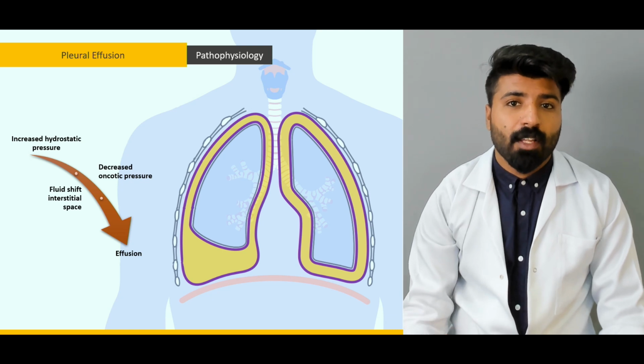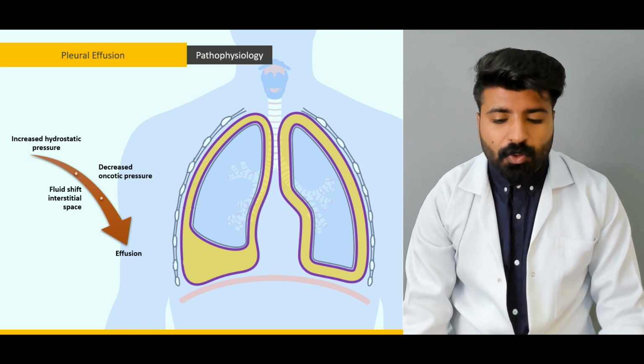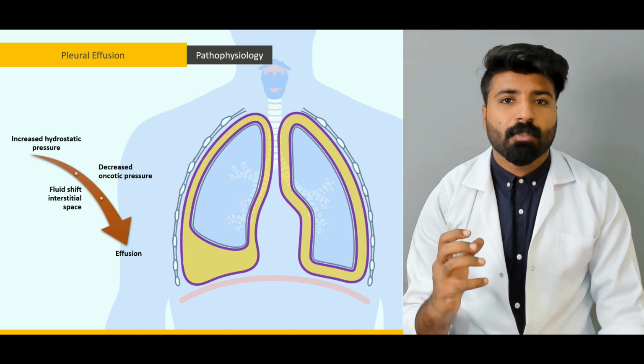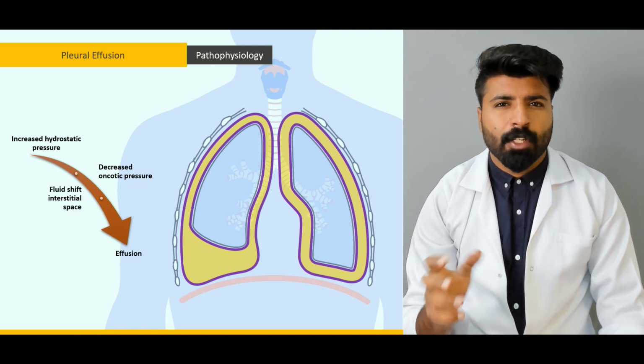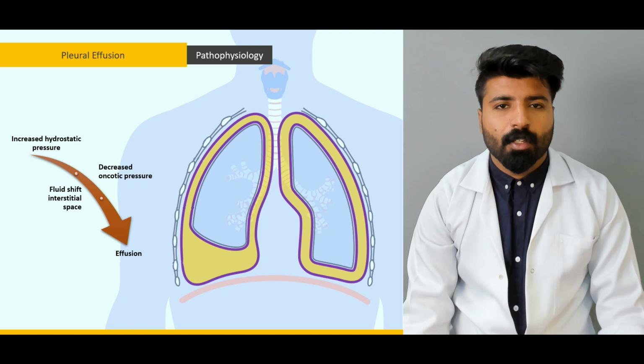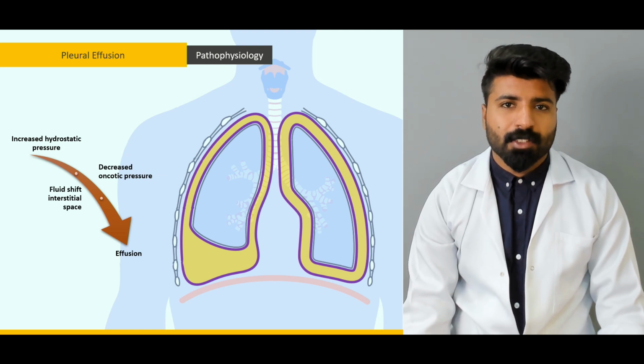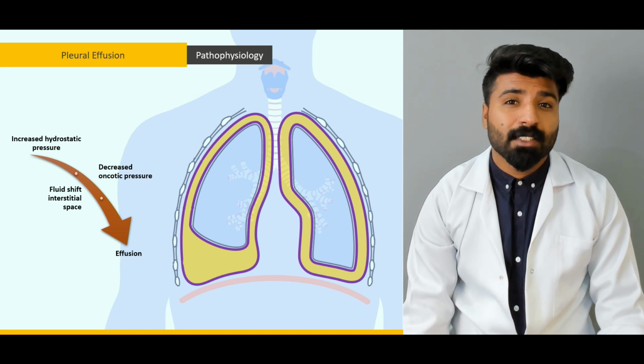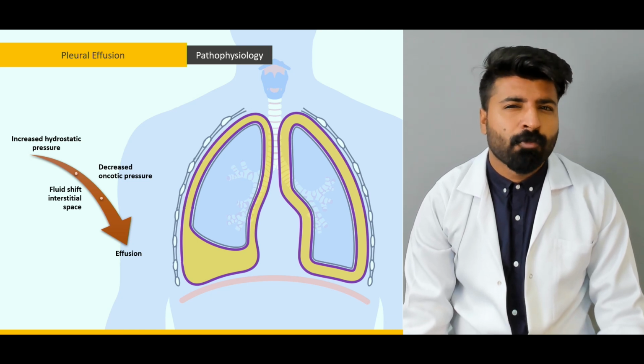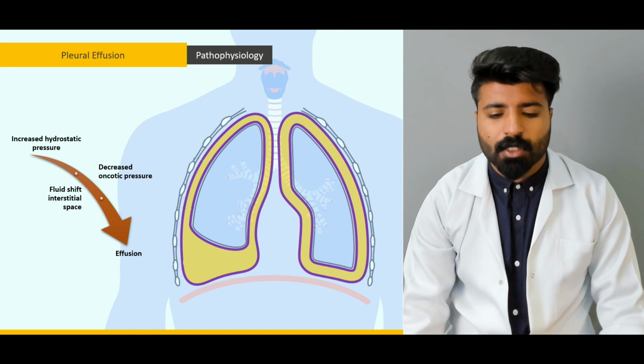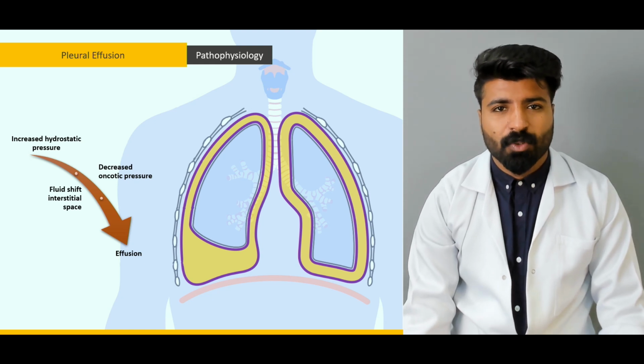Then we have the exudative kind. Exudative consists of the pathologies that lead to exudative pleural effusion. They are pulmonary embolism, and malignancies like lymphomas and leukemias. Pancreatitis leads to exudative pleural effusion.